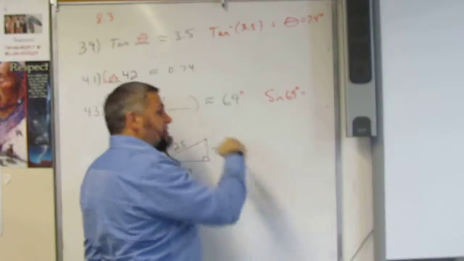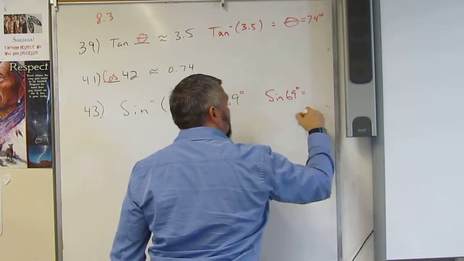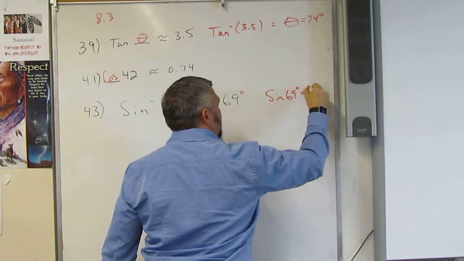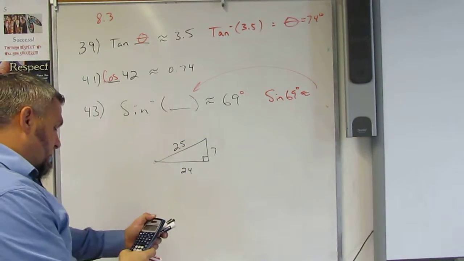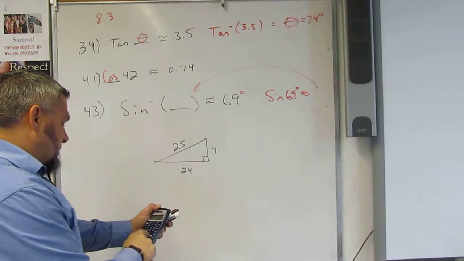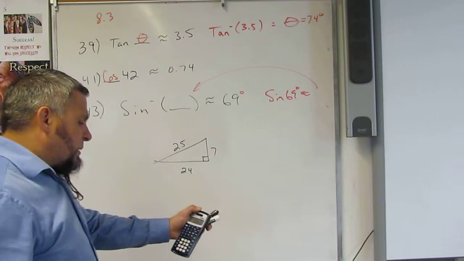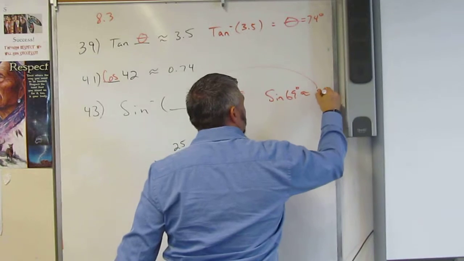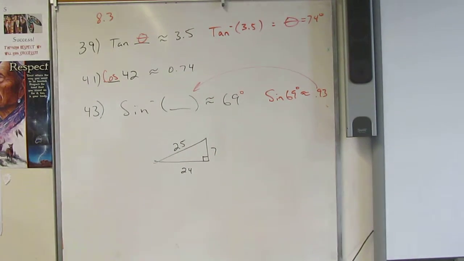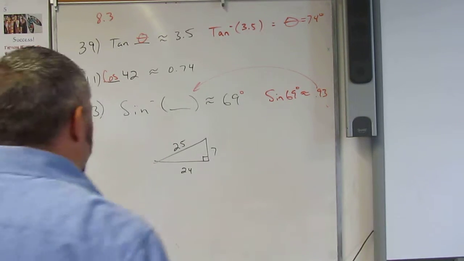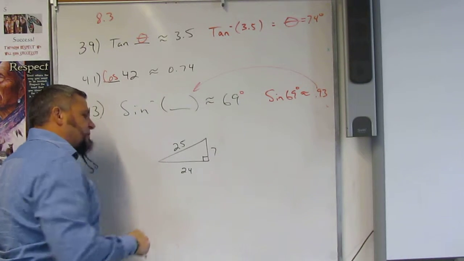That should give me approximately that number. Sine 69 equals 0.93. That's all you're doing there. So a lot of 8.3 was just calculator work. I will have some of those problems on the test, but this is the biggest thing I'm going to have on the test right here.